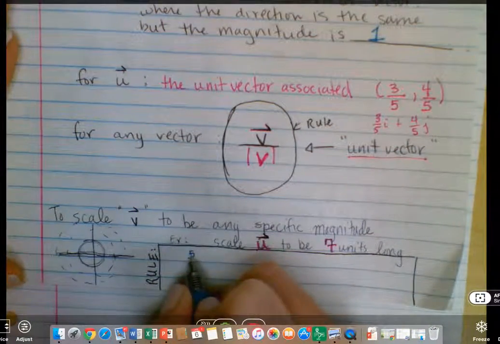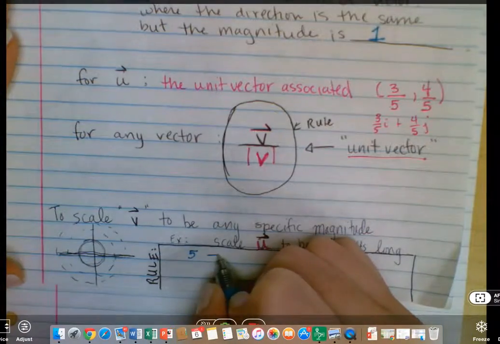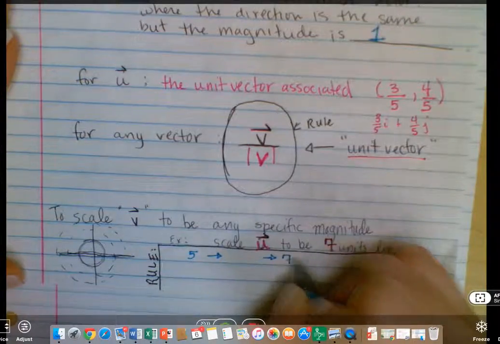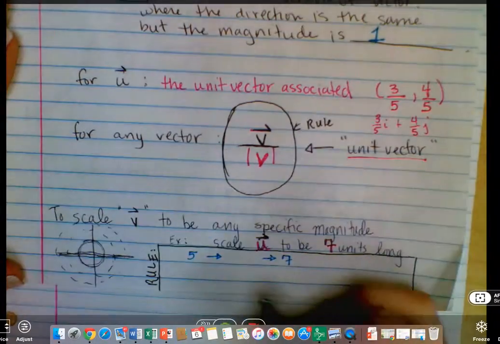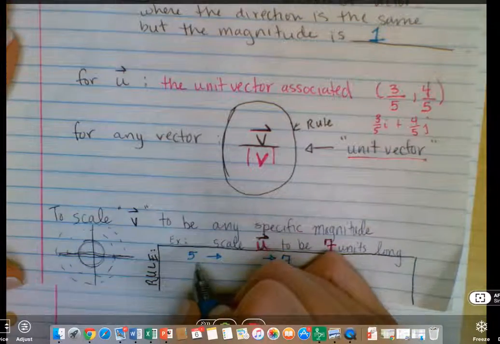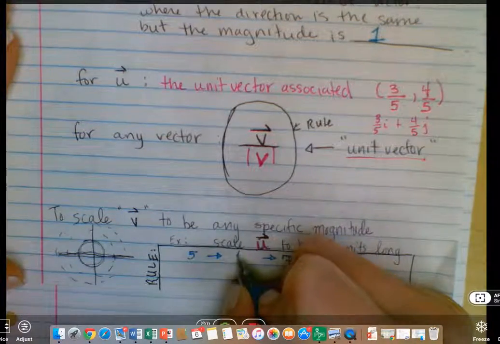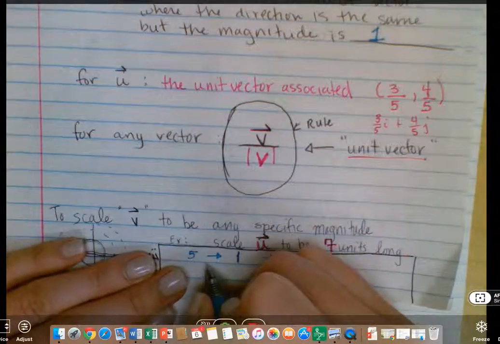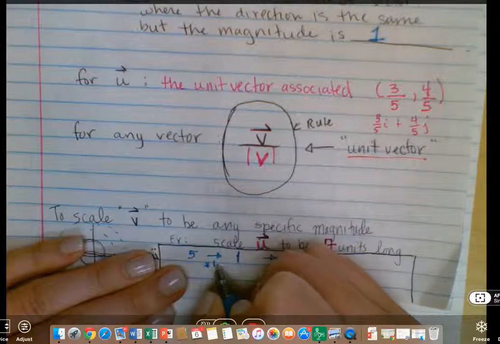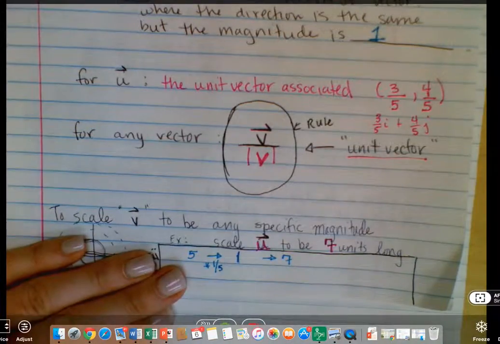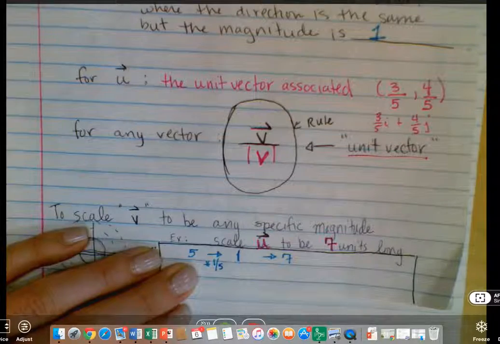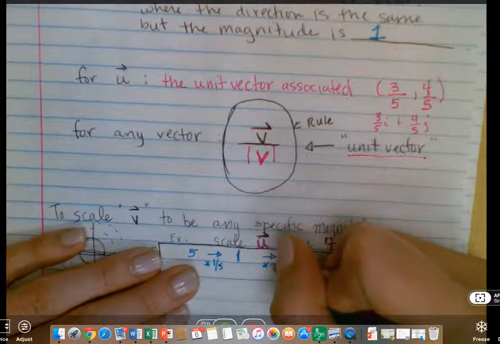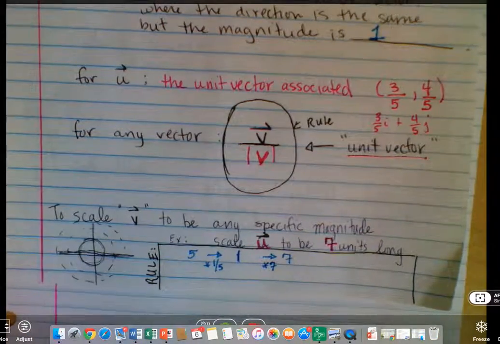So the magnitude was 5, and I want the magnitude to be 7. So the easiest thing to do is to make it into a 1 and then make it into a 7. So how do I do that? Well, I'm going to multiply by its reciprocal, 1/5, to scale it down. And then I'm going to scale it up to the size that I want, 7.